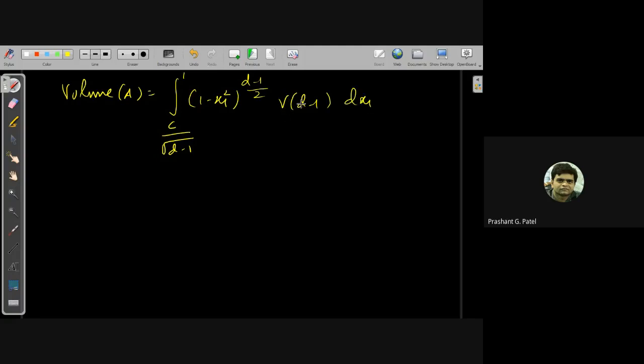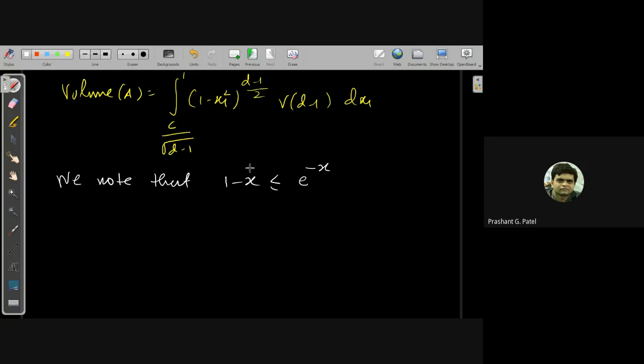V of d minus 1 means the volume of that d minus 1 dimensional sphere. Now to get the upper bound of this one, we know that 1 minus x is less than or equal to e power minus x. We already discussed in a previous lecture that this inequality is true for any positive x.